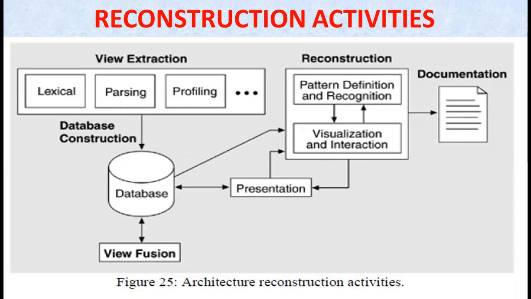They can be architects or they can be software engineers. The reconstructor extracts the information from the system, either manually or with the use of tools that abstract the architecture from it. The architecture is obtained by the reconstructor through a set of hypotheses about the system.